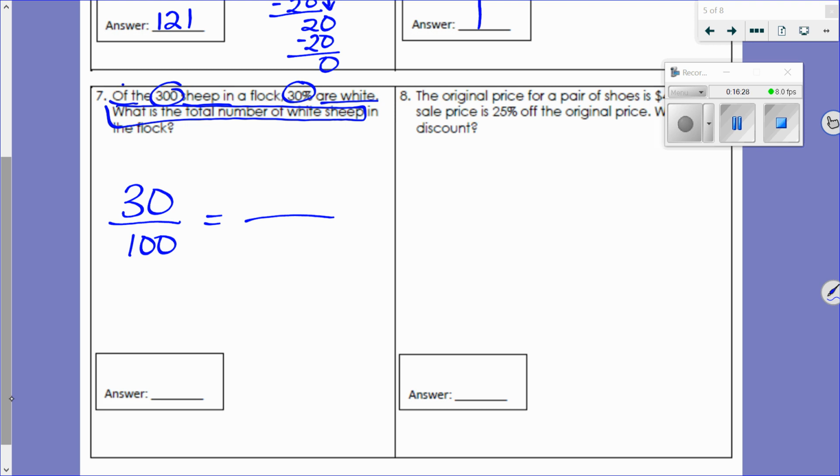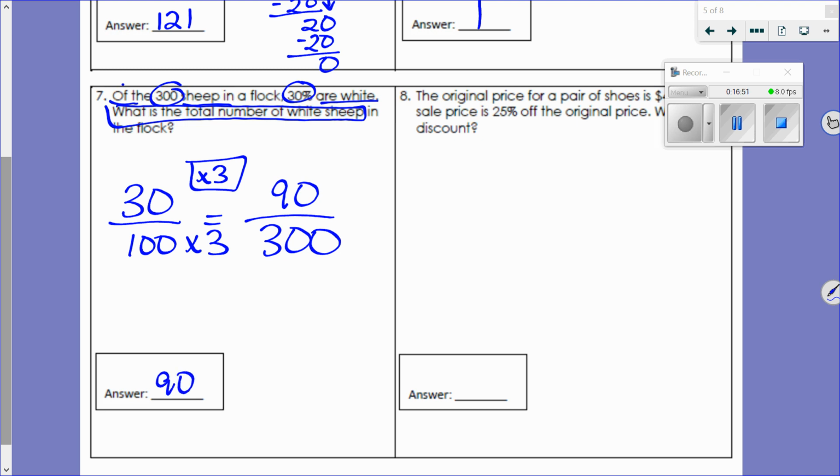Then it says, of the 300 sheep. Is the 300 sheep part of the flock or the whole flock? The whole flock. So it's going to go at the bottom. What can I do to 100 to get to 300? So I multiply my top times 3, and what do I get? 90.